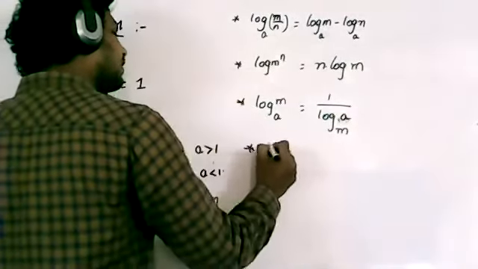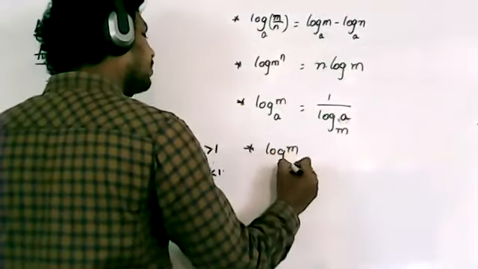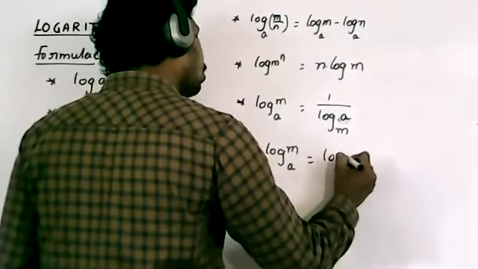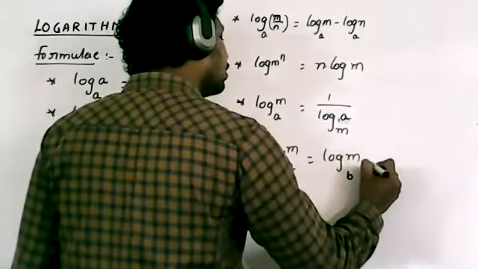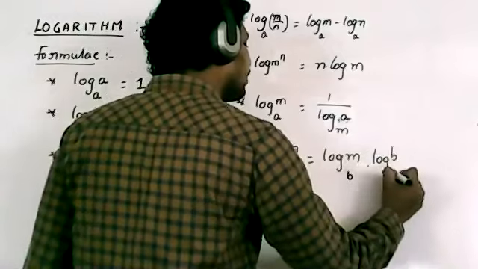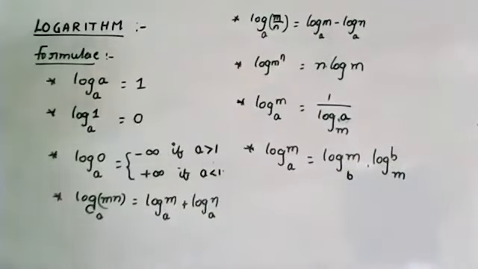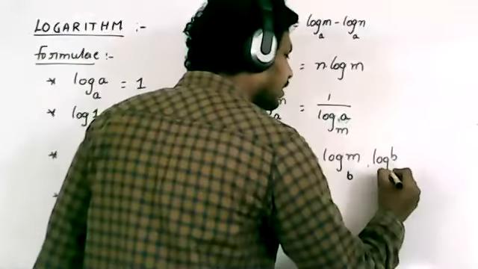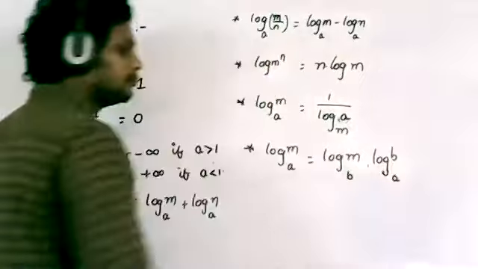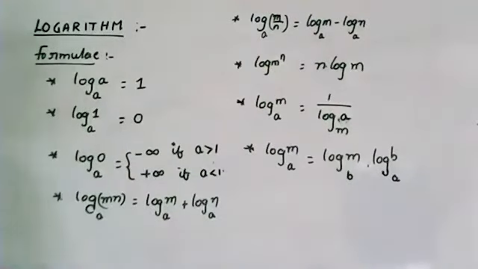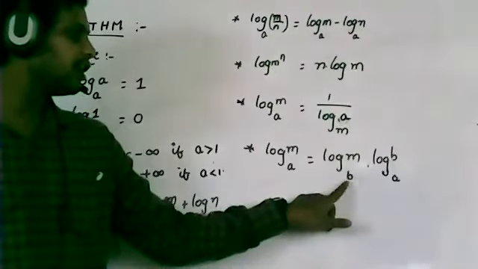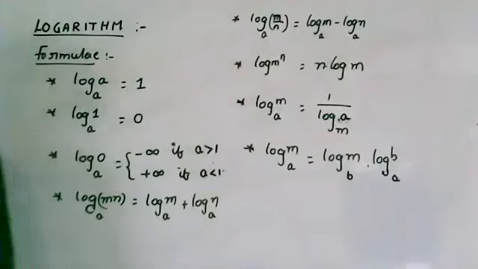Now you can write like this also: log m to the base a is equal to log m to the base b into log b to the base a. The term which you used here and here must be cancelled.